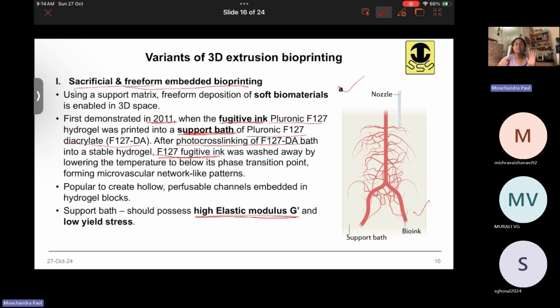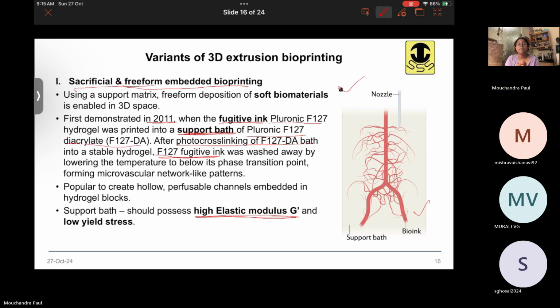Like when I push this pen, the structure of the pen stays the same. Unless I give very high bending force, it will not break. If I give very little pressure, the structure will stay the same. So this is a characteristic of a solid. So when we say viscoelastic fluids have a high elastic modulus, it means they have a very high tendency to act like a solid. So the support bath should act like a solid.